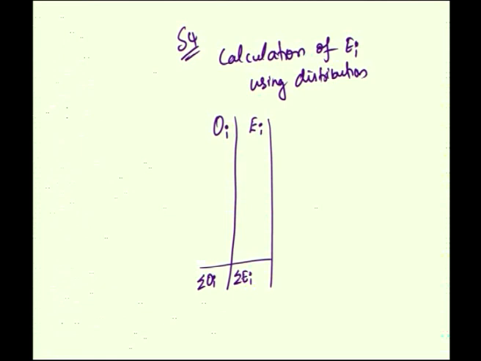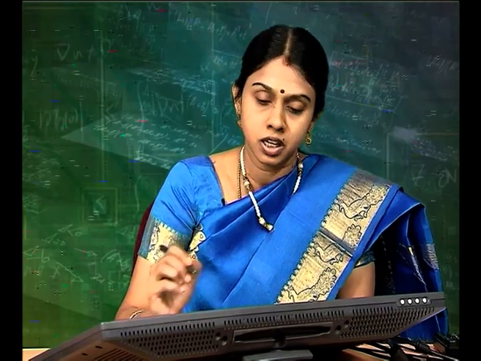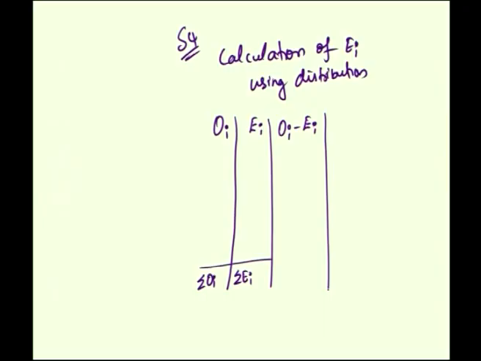Then only the corresponding calculations will be correct, or what we have taken as H naught, summation OI is equal to summation EI, will be correct. Okay. Then you form the tabular column OI minus EI, then next form the column OI minus EI whole square, then next you form the column OI minus EI whole square by EI.